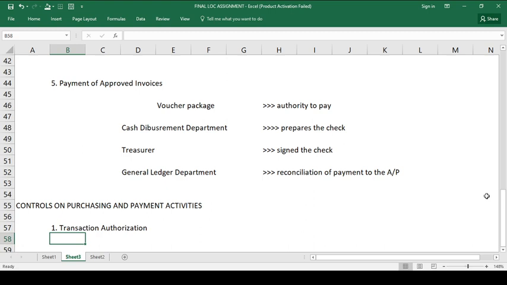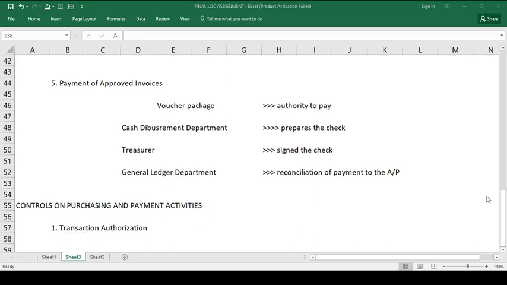If the authorized personnel signs that requisition form, it means that the transaction of asking for additional inventory is legitimate. It is very important in the purchasing and payment activities that the purchasing transaction and the payment transaction is authorized. The authority will depend on the particular department.